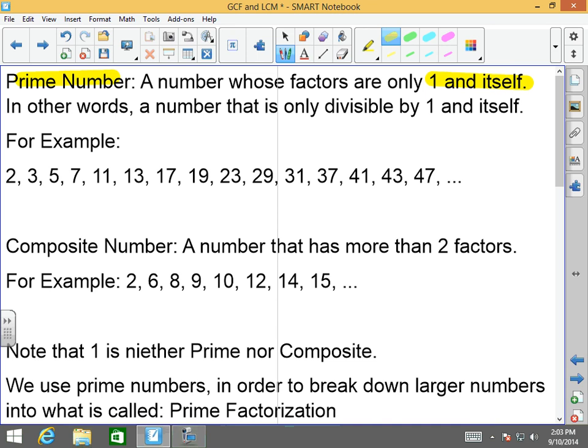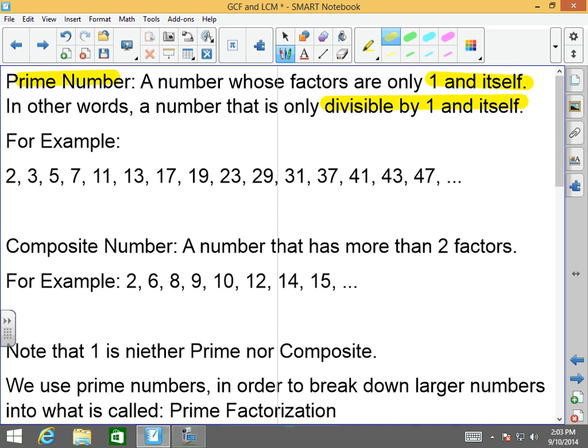In other words, a prime number is a number that is only divisible by 1 and itself. This is a concept that you really want to learn and understand. Let's look at some of the prime numbers because there's an infinite amount of prime numbers. 2 is prime because only 2 times 1 gives you 2, no other factors.